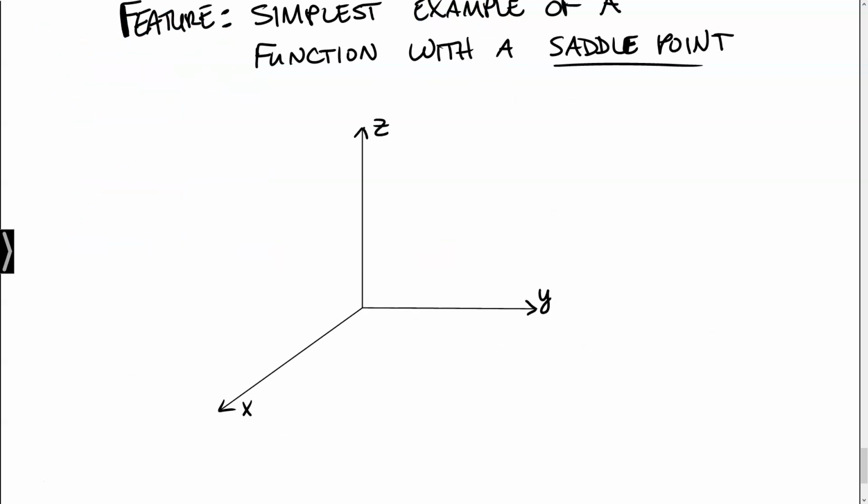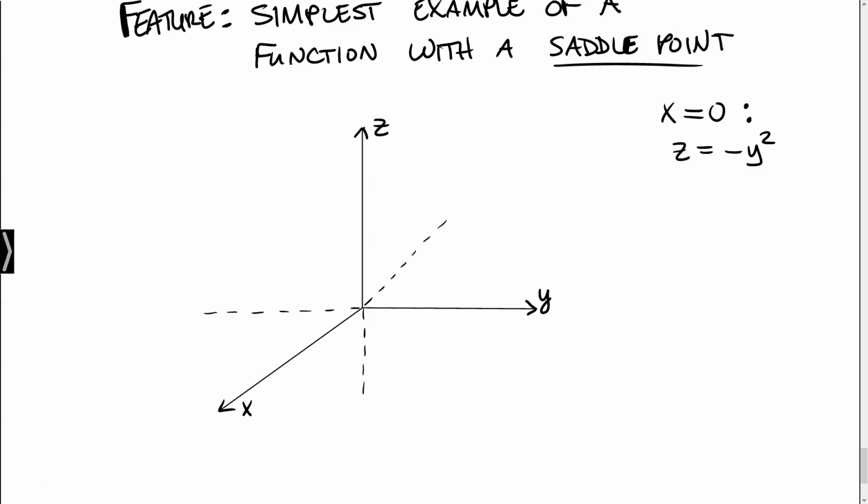All right, here goes. So if x is equal to 0, then we get z is equal to minus y squared. So think about what that's going to look like. It's just an ordinary parabola opening in the negative direction.